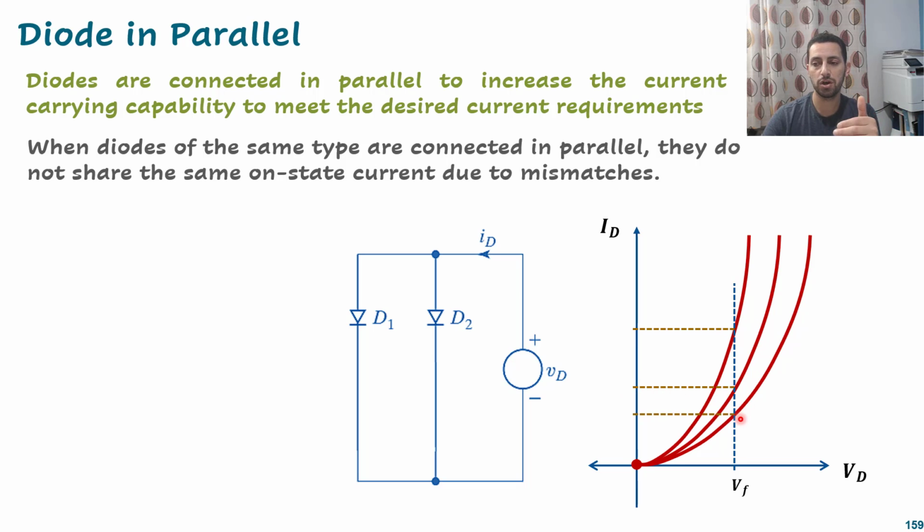So the same forward voltage, because it's the same across all the diodes, actually produces different currents for each diode, and that makes one of them heat up more than the other. If it heats up, it might go into runaway and be damaged, and if it's damaged, all the current will go through the first one, and it will also be damaged because from the beginning it can't handle that current alone.